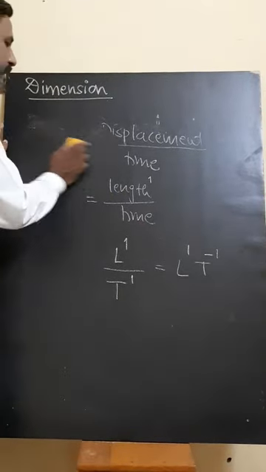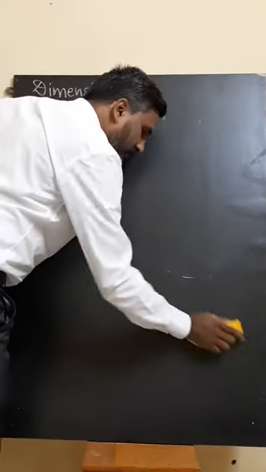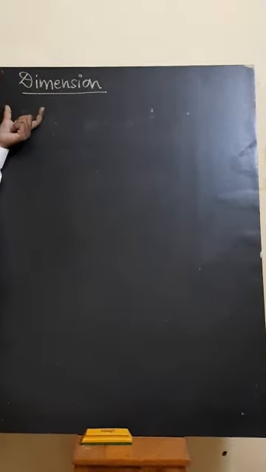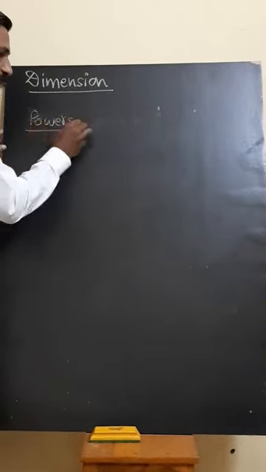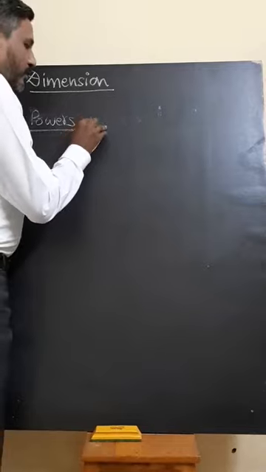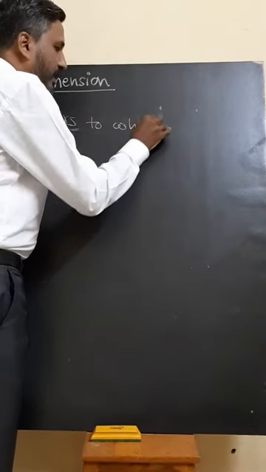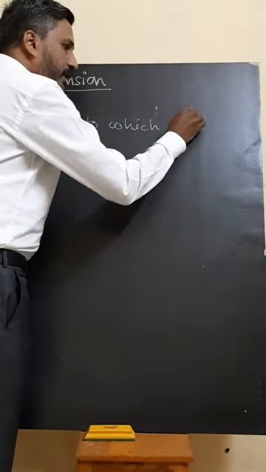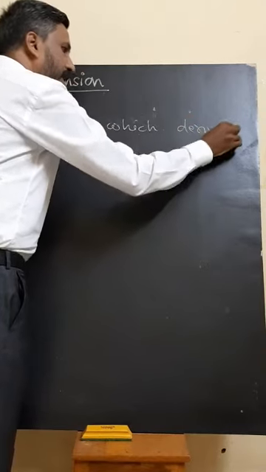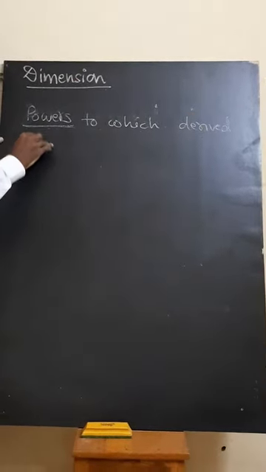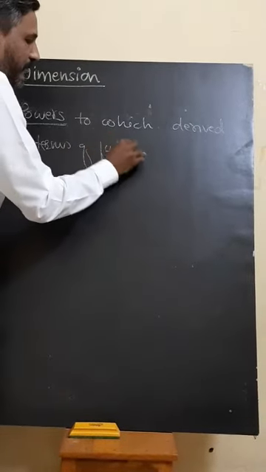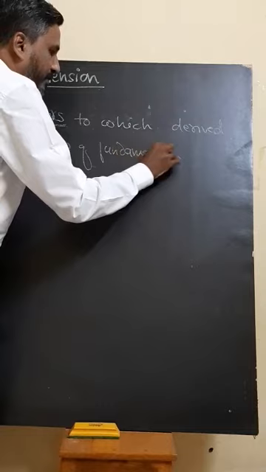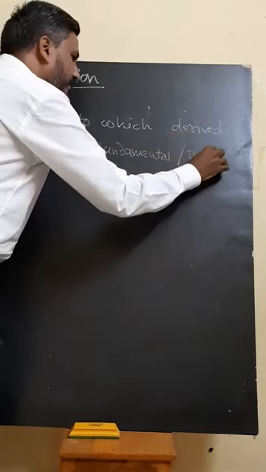It is very simple. The definition of dimension is like this: dimensions of a physical quantity are defined as the powers to which any derived quantity is expressed in terms of fundamental or basic quantities.